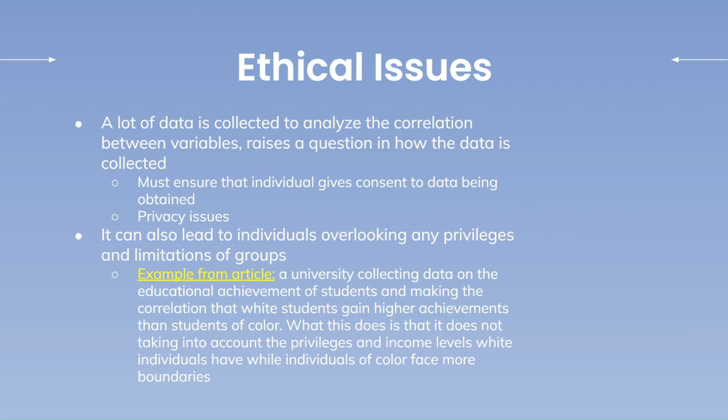For example, if a university is collecting data on the educational achievement of students and making that correlation between skin color and academic achievement, it may spread this false narrative, as in claiming that being white is what causes higher achievements, when it's important to acknowledge the variables within it, which is that white students are given more privileges and may have different income levels that generate such opportunities for them to excel in academic achievements, whereas students of color do not have these privileges and will face more boundaries that prevent them from gaining access to such academic achievement status.